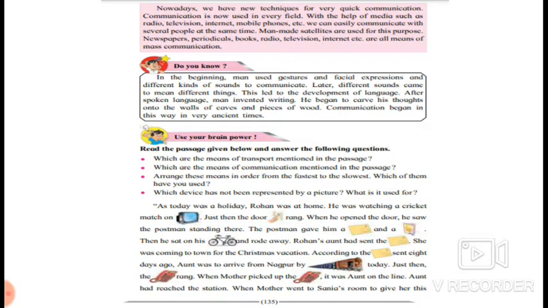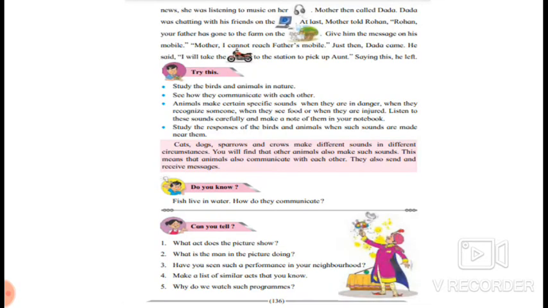When mother went to Sania's room to give her this news, she was listening to music on her headphones. Mother then called Dada. Dada was chatting with his friend on the computer.